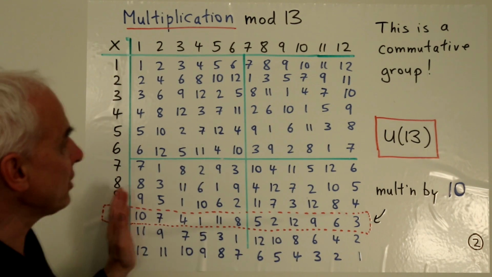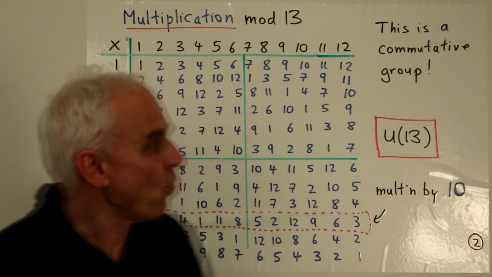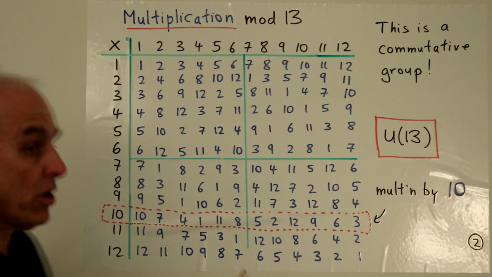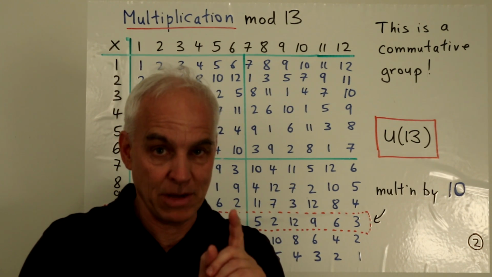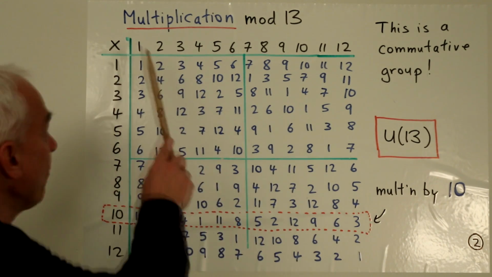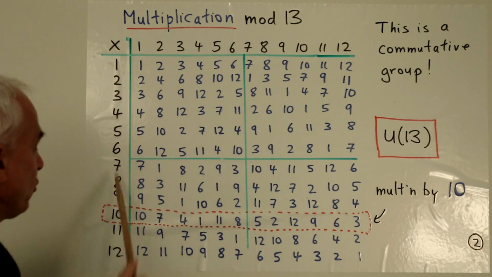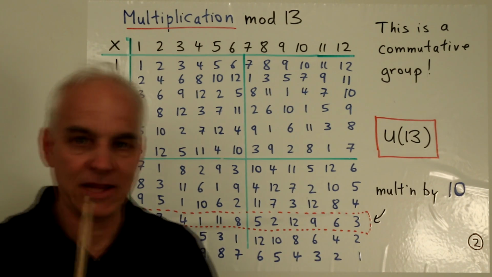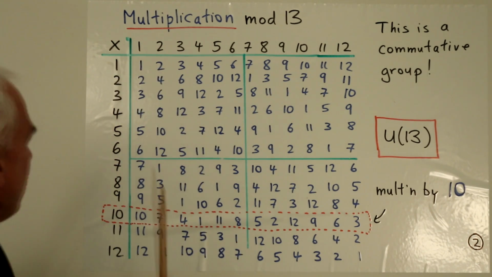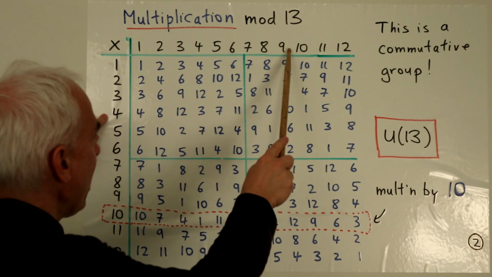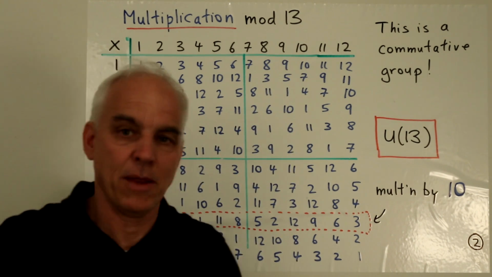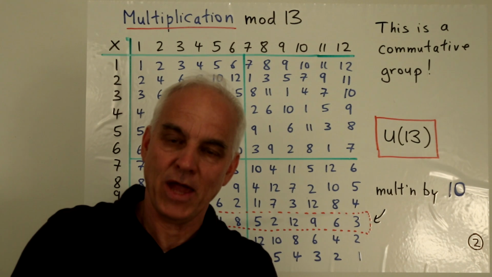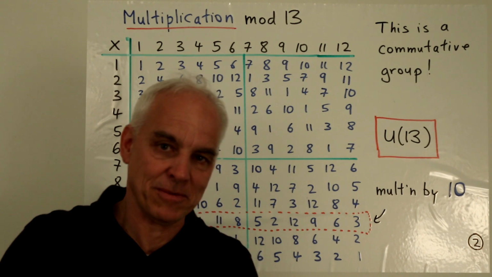Here is the multiplication table when we multiply any 2 non-zero numbers mod 13, the numbers from 1 to 12, giving all possible products. For example, 4 times 9 is 10, because 4 times 9 is 36, and you can throw away 26, which is a multiple of 13, and you get 10.